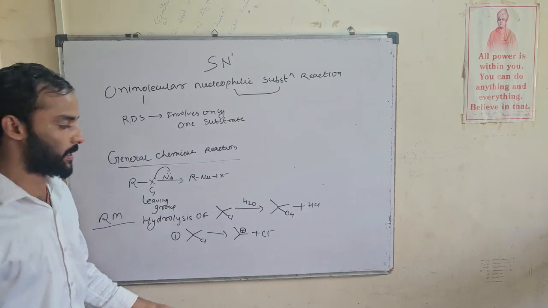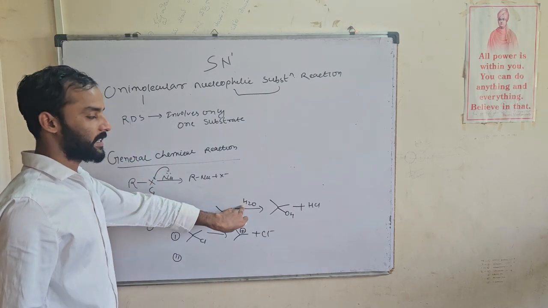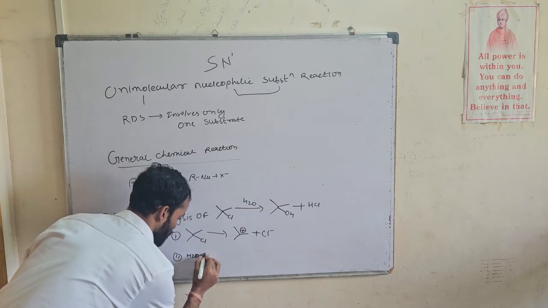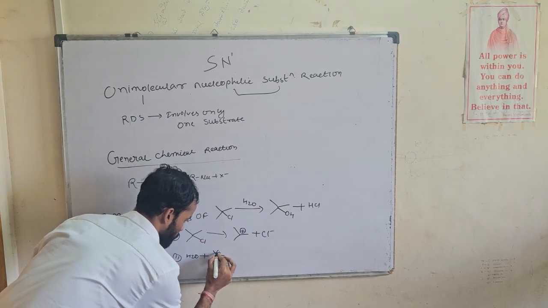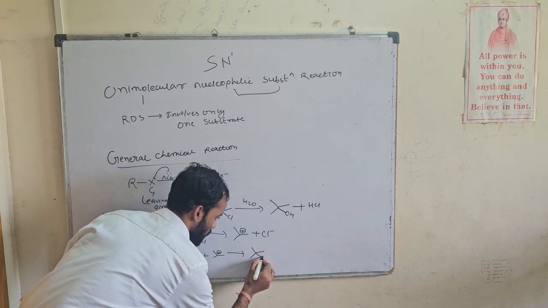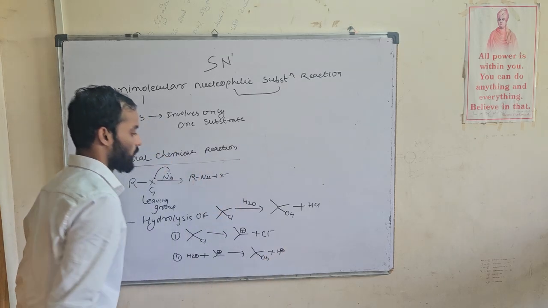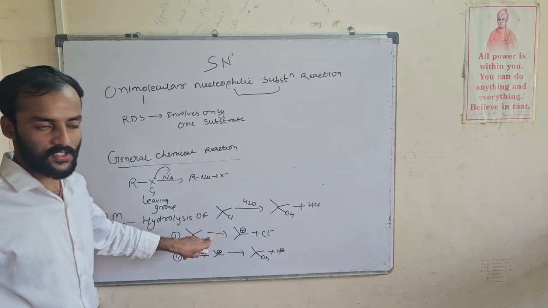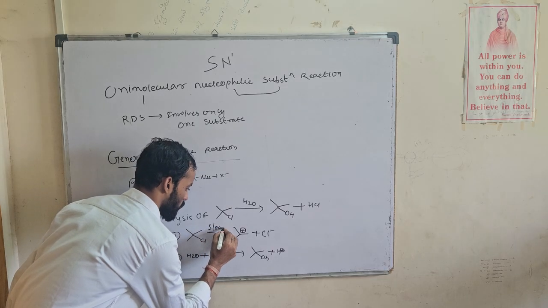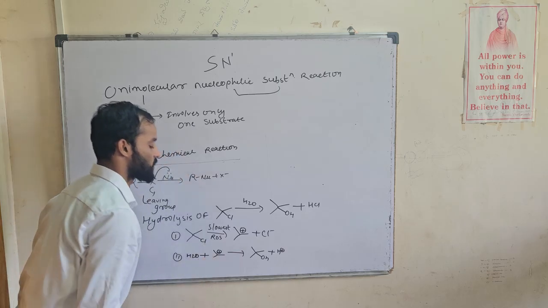And the second step is the nucleophilic attack, where water is acting as a nucleophile, attacking this carbocation, which will lead to the formation of tertiary butanol with the elimination of H plus. The first step is the slowest step, that's why we call it the rate determining step.